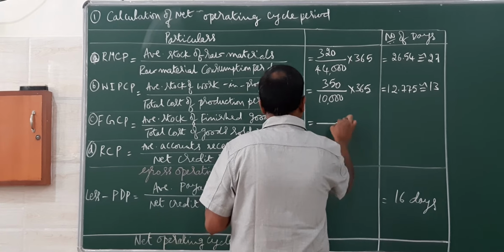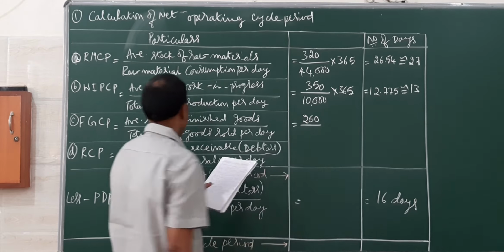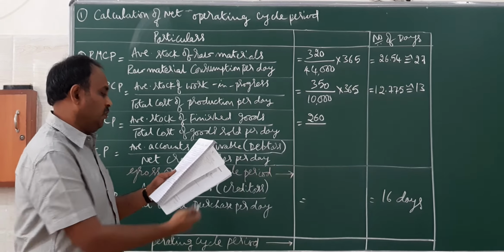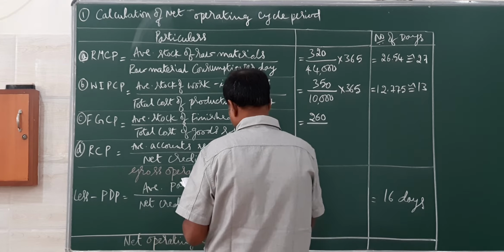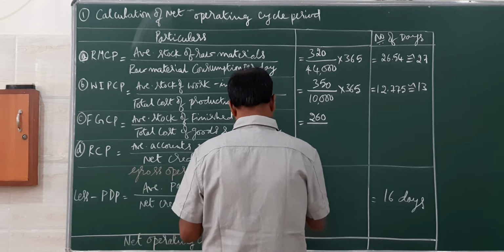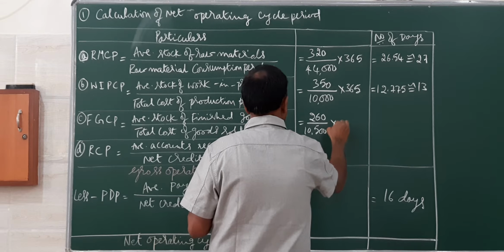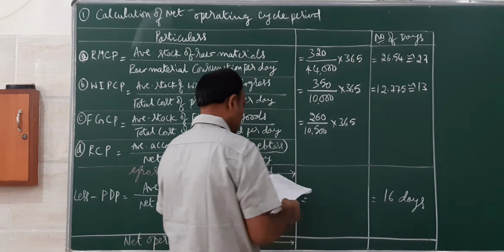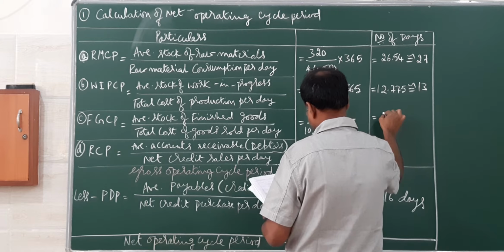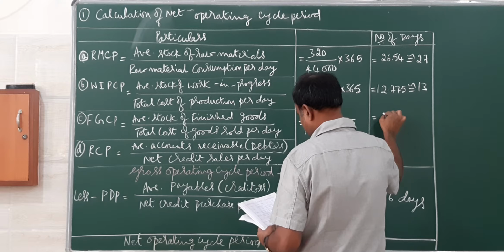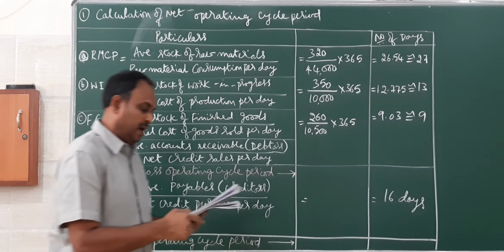The stock of finished goods is 260 and the cost of goods sold is 10,500 divided by 365, which gives you 9.03, approximately 9 days.